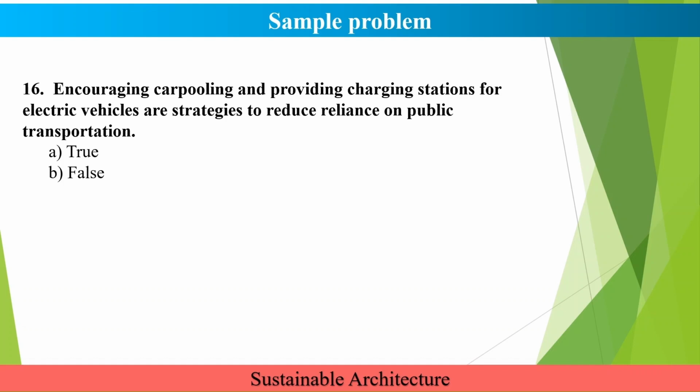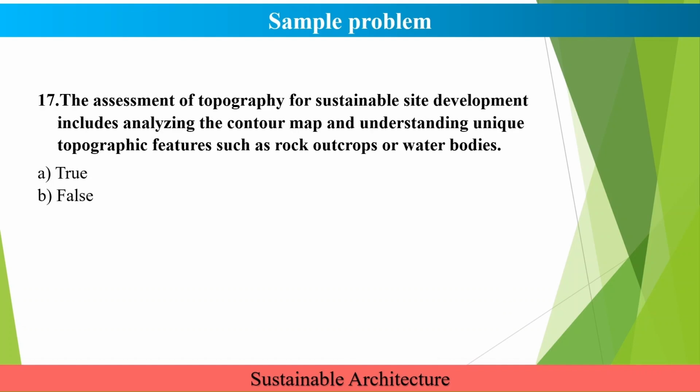Question number 17. The assessment of topography for sustainable site development includes analyzing the contour map and understanding the unique topographic features such as rock outcrops or water bodies.